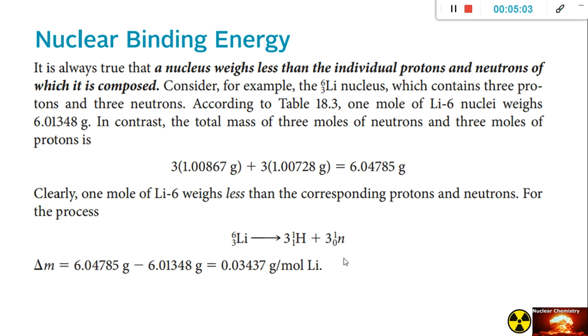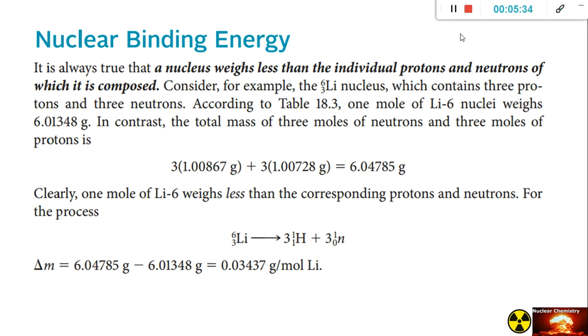Now we have the nuclear binding energy. It says here that it is always true that a nucleus weighs less than the individual protons and neutrons of which it is composed. Consider, for example, the lithium-6 nucleus, which contains 3 protons and 3 neutrons. According to table 18.3, 1 mole of lithium-6 weighs 6.01348.